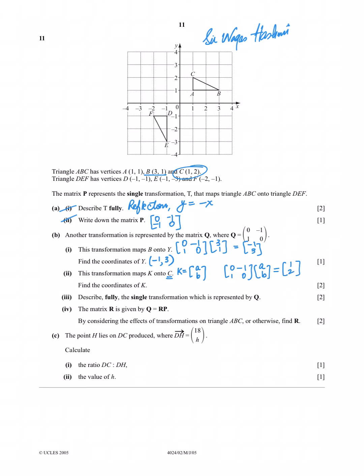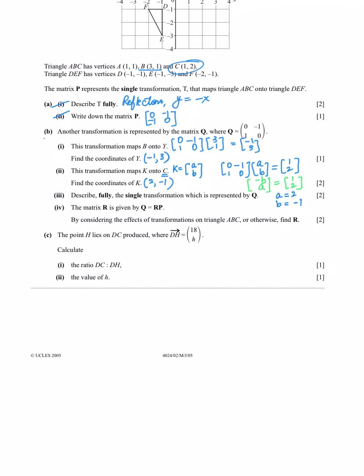Now you need to multiply those. 0 into a is 0, minus 1 into b is minus b, 1 into a is a, and 0 into b is 0, equals 1 and 2. So this is the answer for a and b: a is 2 and b is minus 1. So the coordinates of K are 2, minus 1. That is your answer.